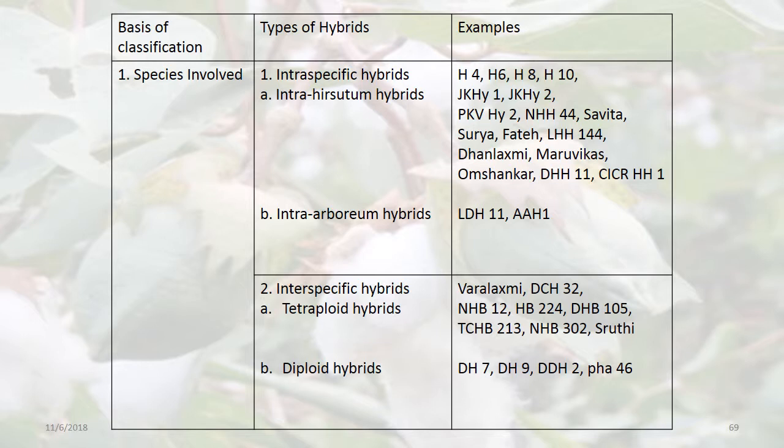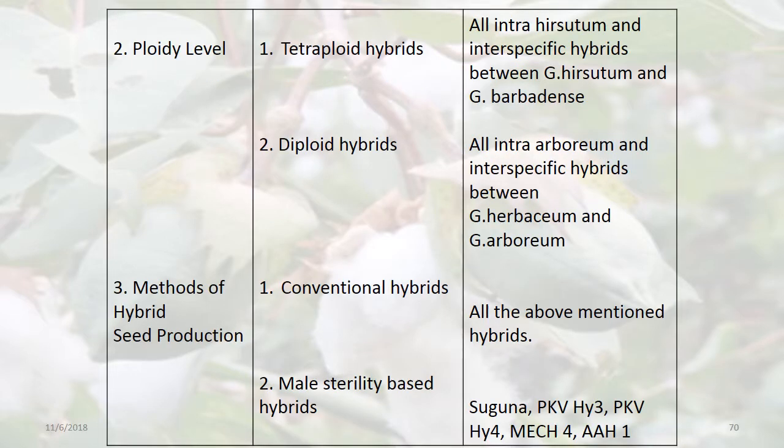Diploid hybrids are DH7, DH9, DDH2, and FA46. Coming to tetraploid hybrids, all intra-hirsutum and interspecific hybrids between hirsutum and barbadense. Then diploid hybrids are all intra-arboreum and interspecific hybrids between arboreum and herbaceum.